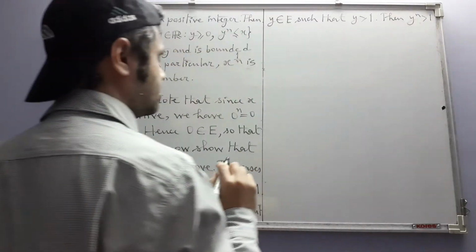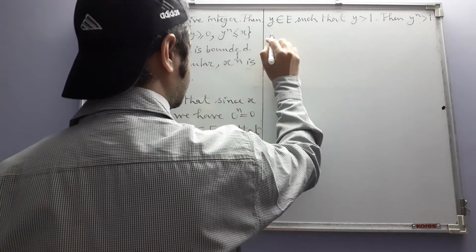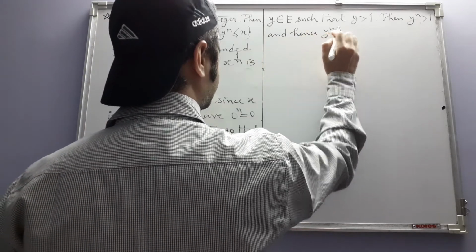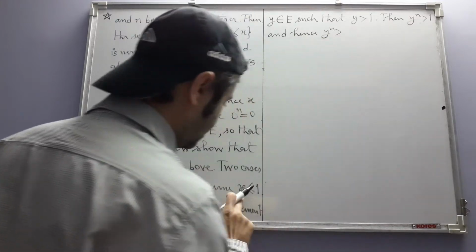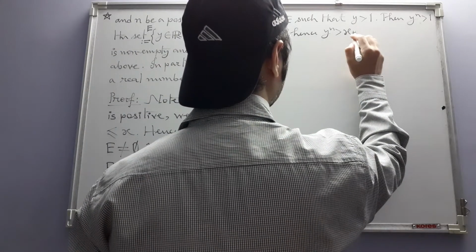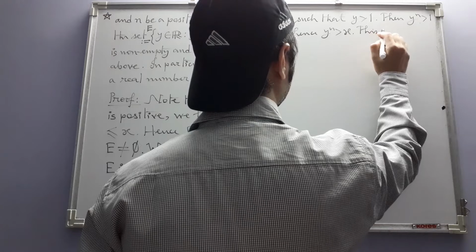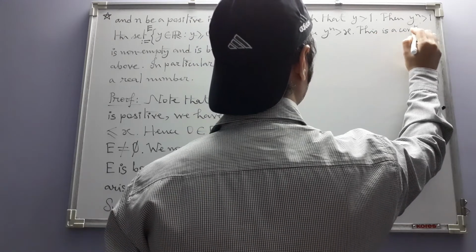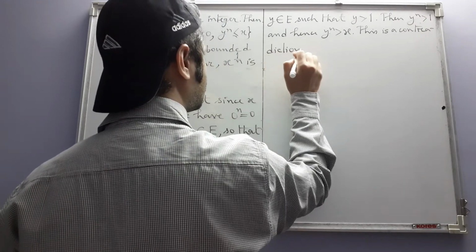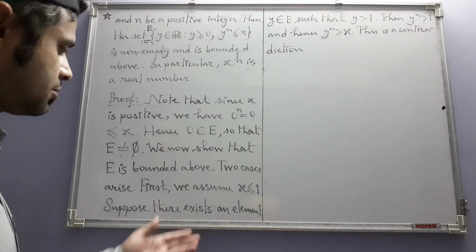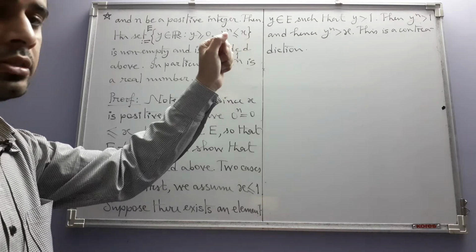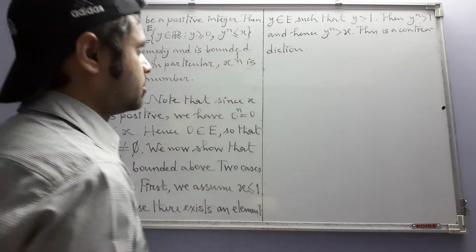Then y to the power n is greater than 1, and hence y to the power n is greater than x, because x is less than or equal to 1. And this is a contradiction, because since y belongs to E, y to the power n has to be less than or equal to x, not greater than x.